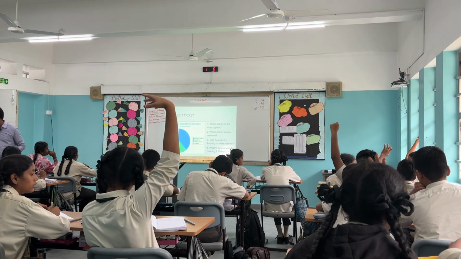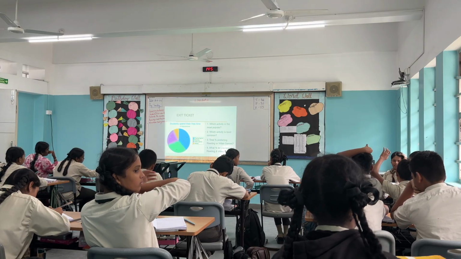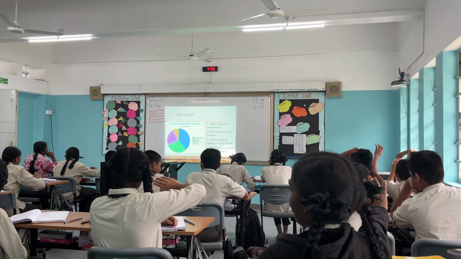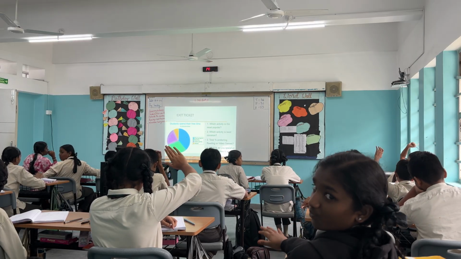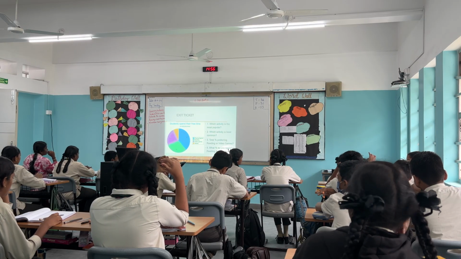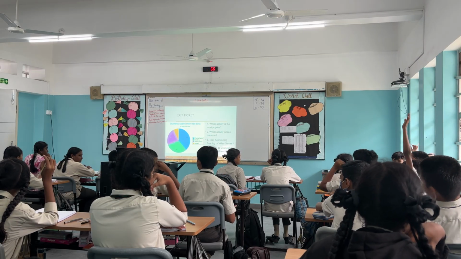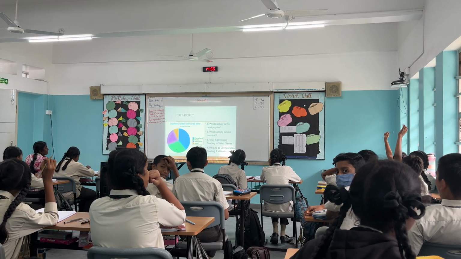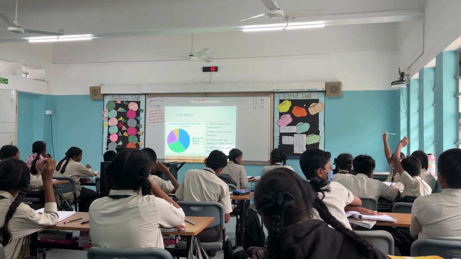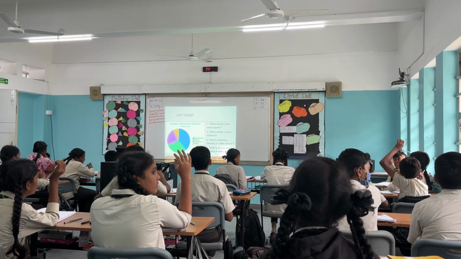The fourth is 35 percentage. What is the difference between them? 20% of the people like reading and 15% of the people like video games. So how many more people like reading? 5% of the people.